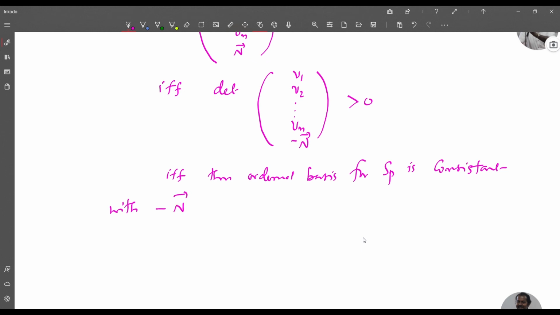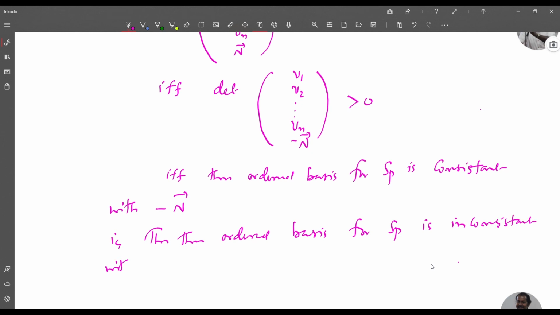That is, the ordered basis for Sp is inconsistent with n if and only if it is consistent with minus n. So this solves that problem.